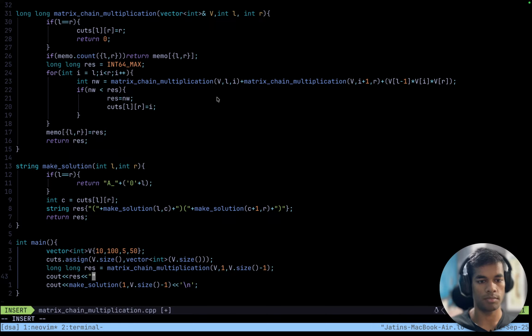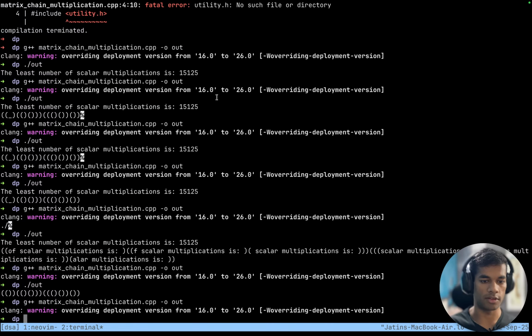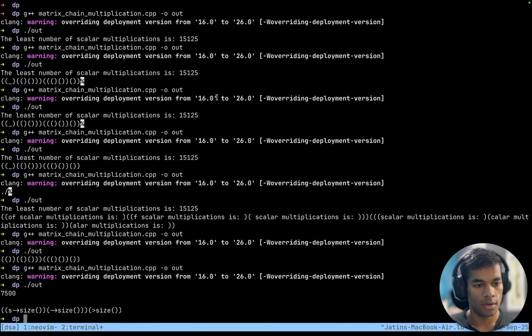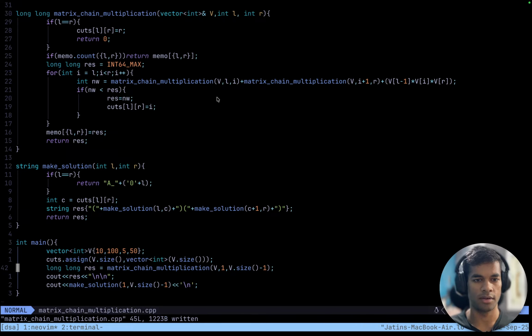And yep, backslash, backslash, and backslash, and twice G++, let's see, and 75,000 and S size, call size. Something very bad is happening.